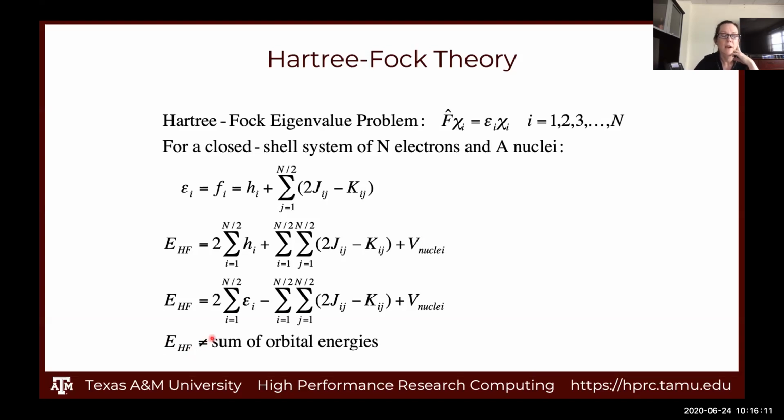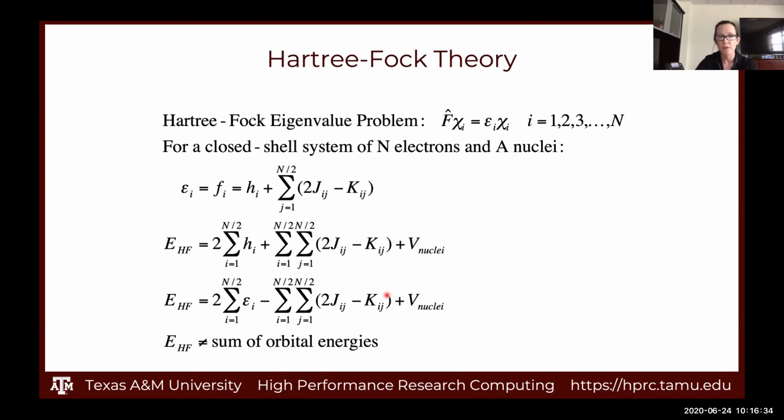A lot of times I will see people that will run calculations, and then they will determine whether or not a system, one molecule, is more stable over another based on the highest occupied orbital energy. Okay, and that is not a good assumption. That is normally not correct, because it's more than just the orbital energies.